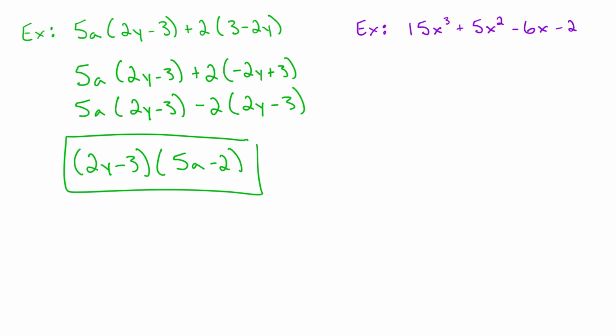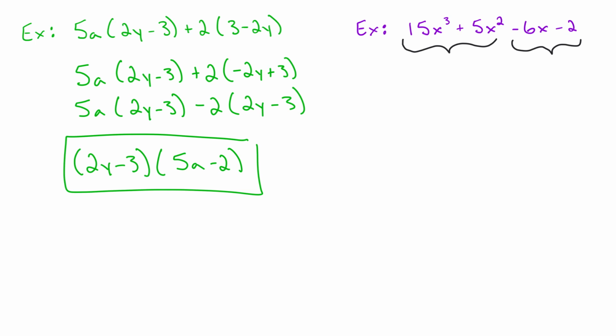Now the way we do factoring by grouping is kind of in the name. We are going to group parts of this problem. We're going to group the 2 highest powers of x and the 2 lowest powers of x. And what we're going to do is take the GCF, the greatest common factor, of each group. So the first group is 15x cubed plus 5x squared.